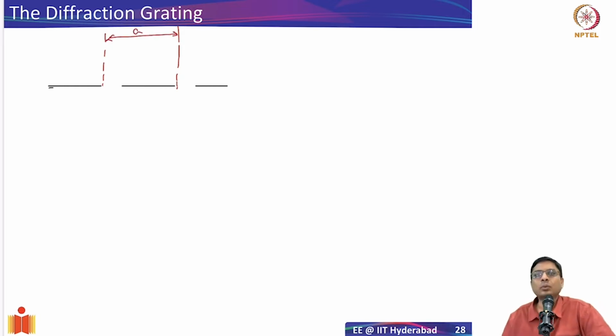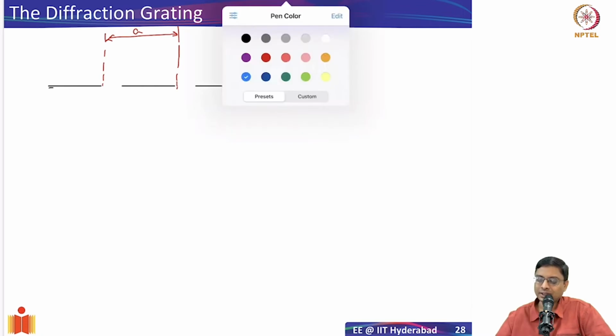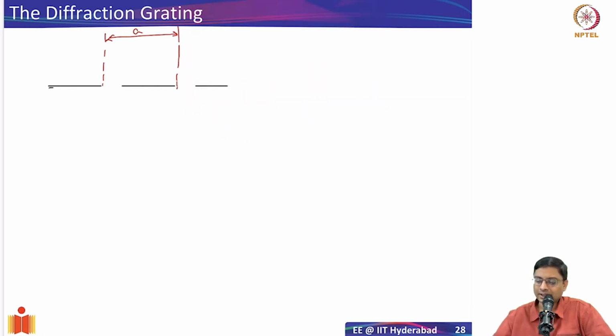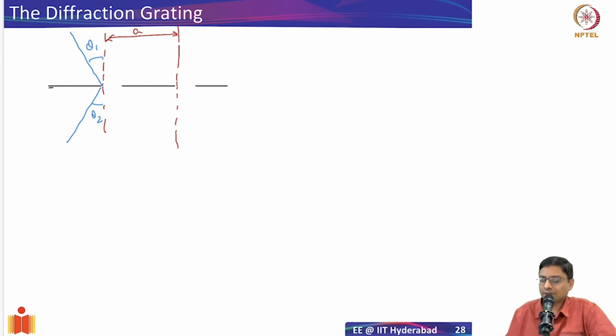What happens when light is incident on this? The way to analyze this is, let's say I have my light beam which is incident from the left at a certain angle theta 1, and it bends at a certain angle which is theta 2. Similarly, the same light beam can hit, you are essentially having plane waves incident on this.